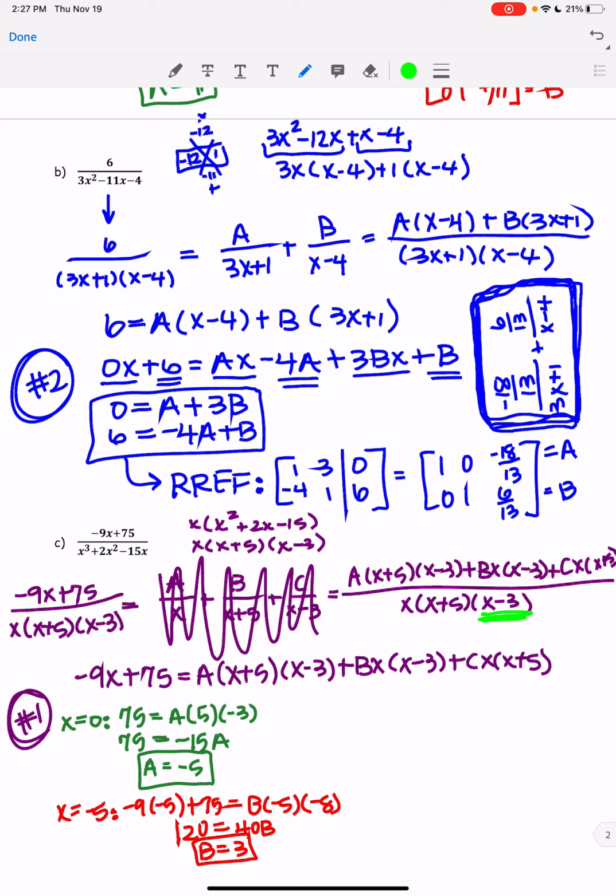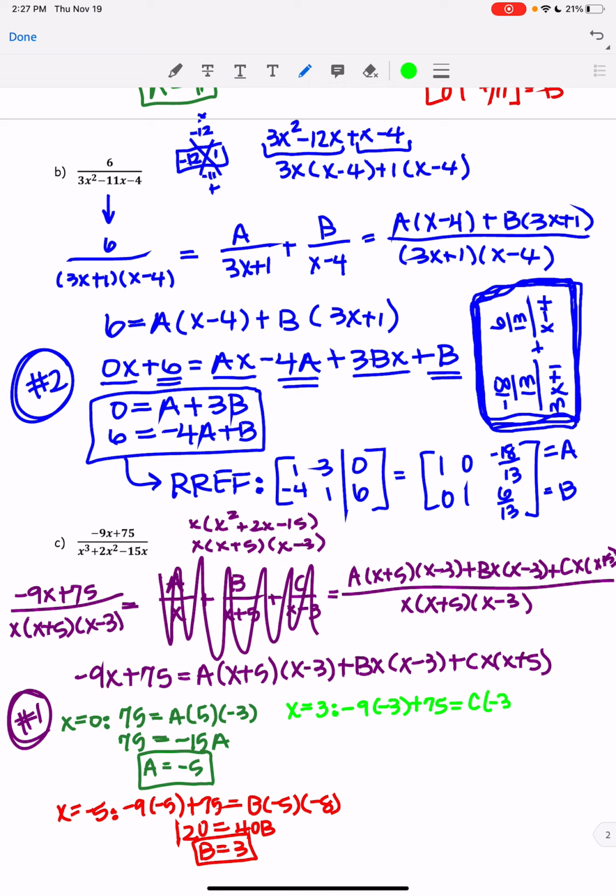And then lastly, for this multiple here, we need a 3. So when x equals 3, we're going to have negative 9 times 3 plus 75 equals, we're going to have a 3 minus 3. That zeroes out, that's canceled. And 3 minus 3 is 0, so this cancels. So all I have left is the C portion.